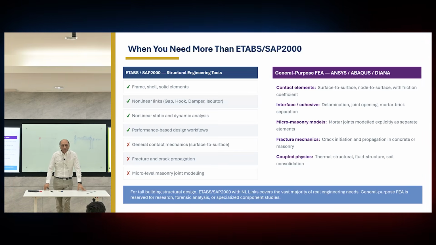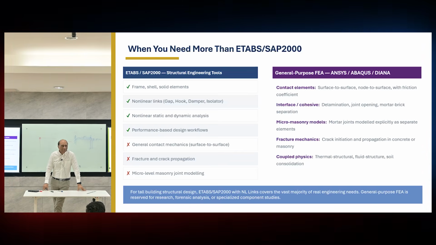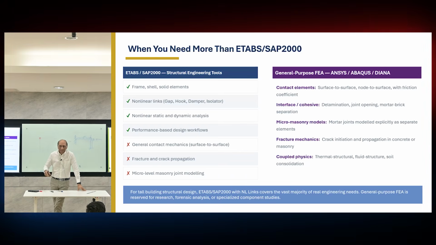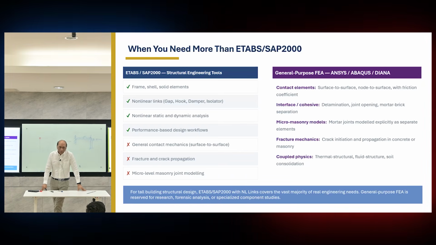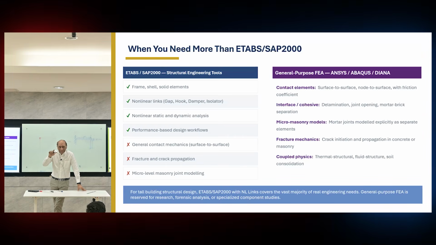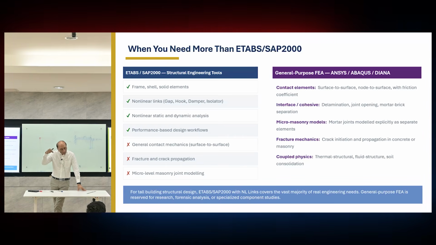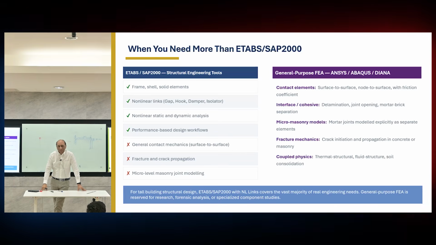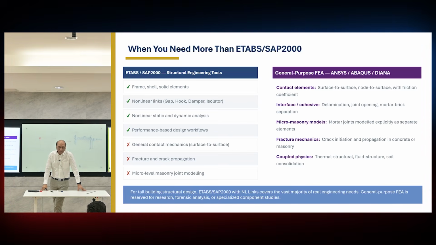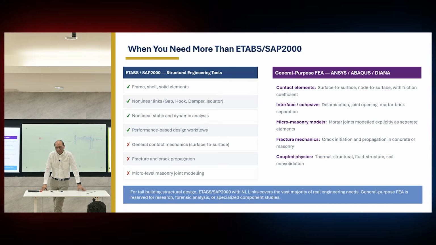So when you go to that level, then you need programs like ANSYS or other programs. So that's mostly used for research or OpenSees in some cases. So as long as you remain at the element connectivity level, it is fine. Once you go inside the material, you get into trouble. Then SAP and ETABS are not designed to handle it that well.